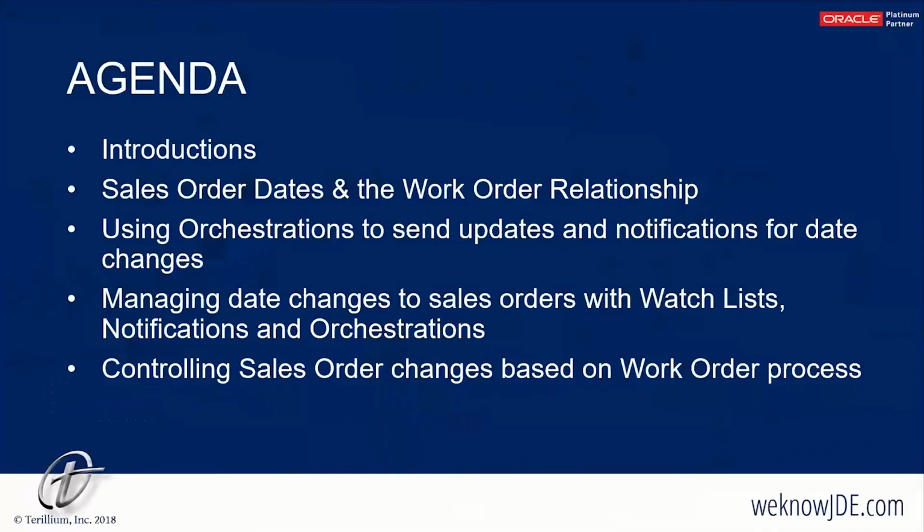So we're talking about the relationships between sales orders and work orders specifically, but I want to make it really clear that the concepts and the tools that we're talking about can apply to pretty much any transactional situation where you've got two orders or two sides to a transaction in the system.